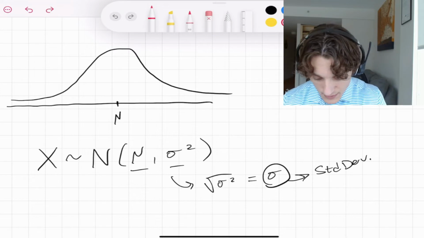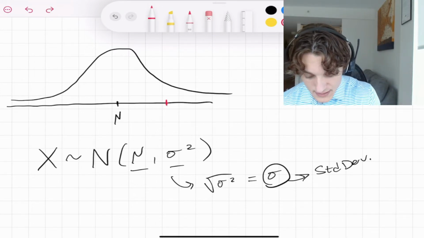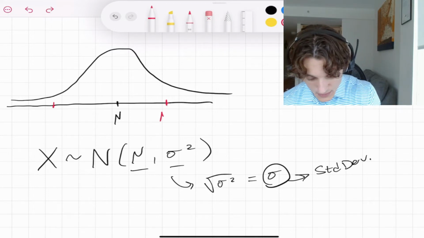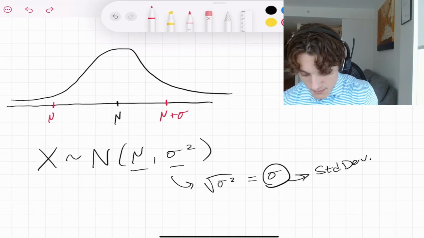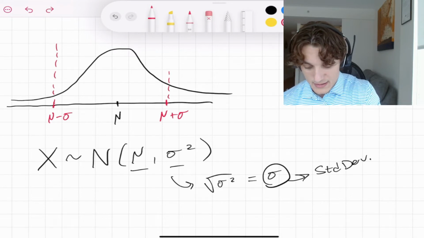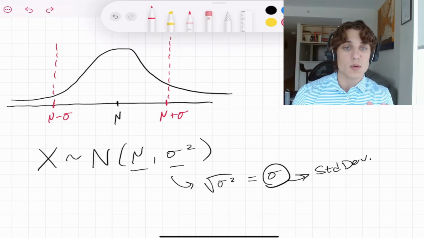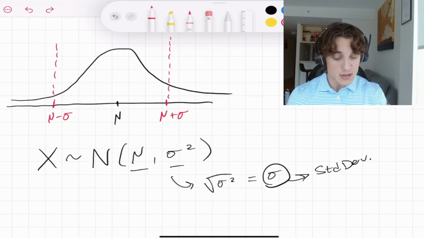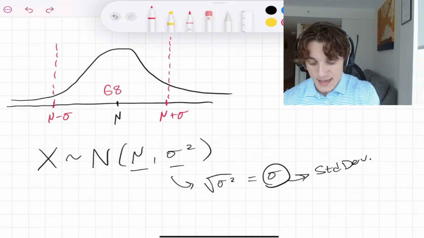So for example, if I was to add sigma to mu and subtract sigma from mu, then I would get mu plus sigma, mu minus sigma, and if I was to draw vertical lines up, it would create something like this, and we can say that an outcome of x within this range is going to occur 68% of the time.